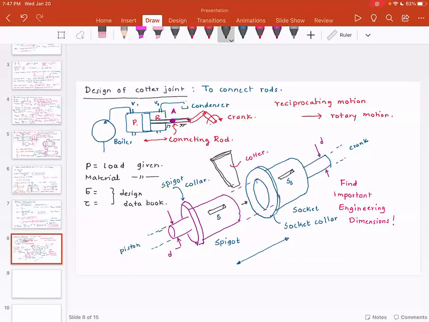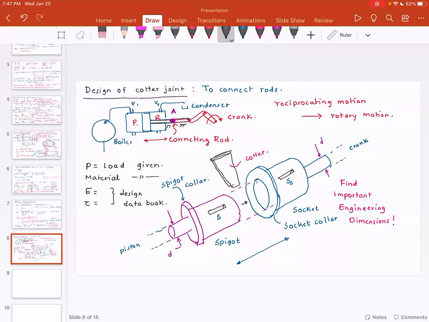If you look at the textbook, in the appendix, they have given important engineering properties of different materials. There's an entire chapter, I think chapter 2, devoted to engineering materials. But the idea is you look at the design data book and then get these values.